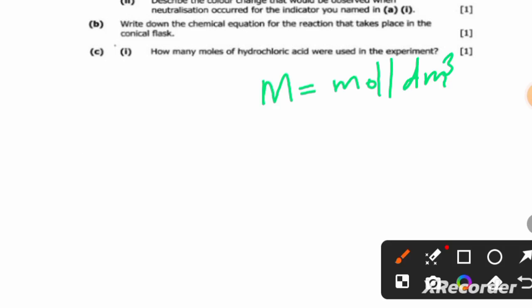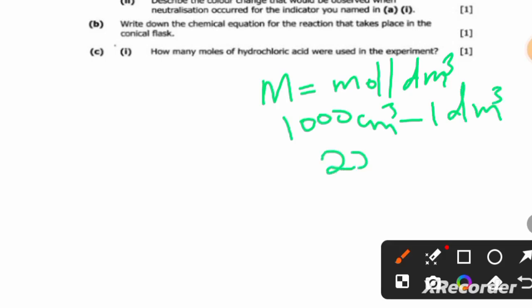Therefore, there is a need for us to change the 20 cubic centimeters that has been given to cubic decimeters. So we are going to say 1000 cubic centimeters make 1 cubic decimeter, and we are given 20 here. Here we are going to write x.